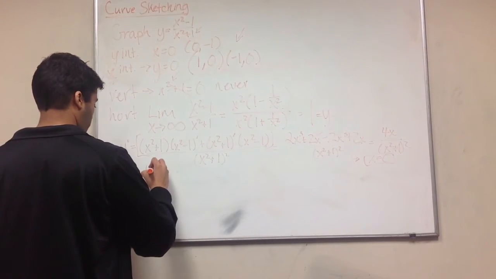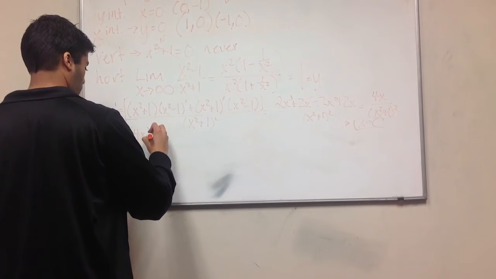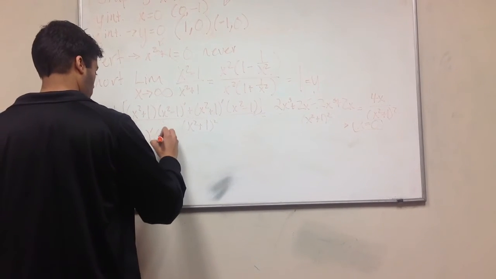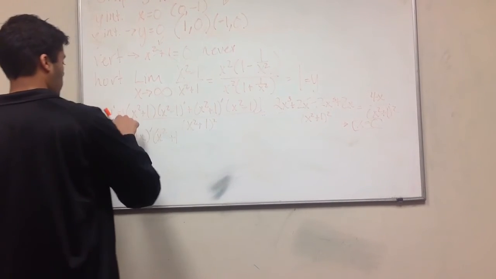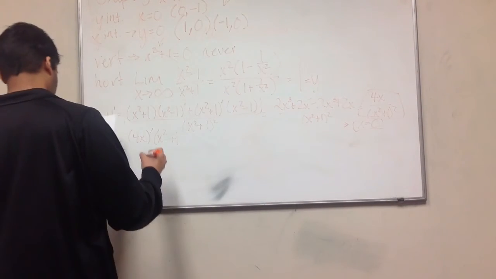So we have 4x times x squared plus 1. We're not taking the derivative of that, we're going to take the derivative of this.